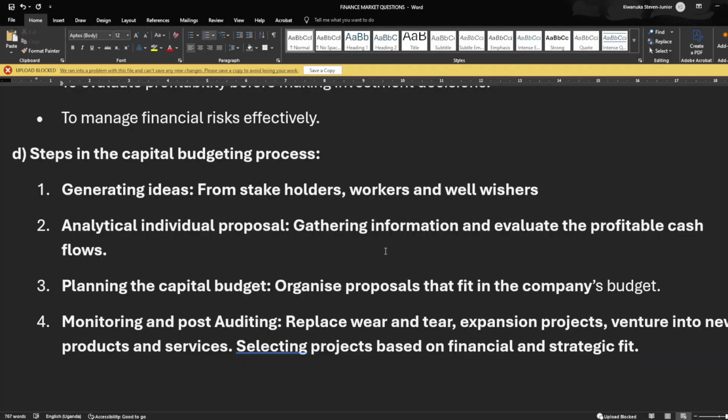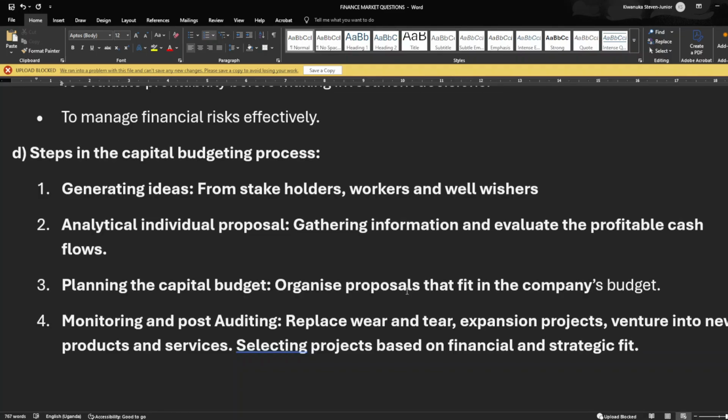Then planning the capital budget. Here, we organize the proposals that fit in the company's budget. After analyzing all those proposals, we start working on them now.